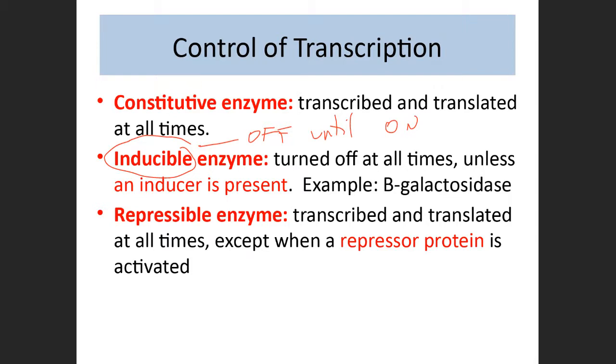Repressible enzymes are exactly the opposite: always on until they're not needed, and then they're turned off. They can be repressed, versus the ones that are off can be induced or turned on. So that's the difference between inducible enzymes and repressible enzymes.